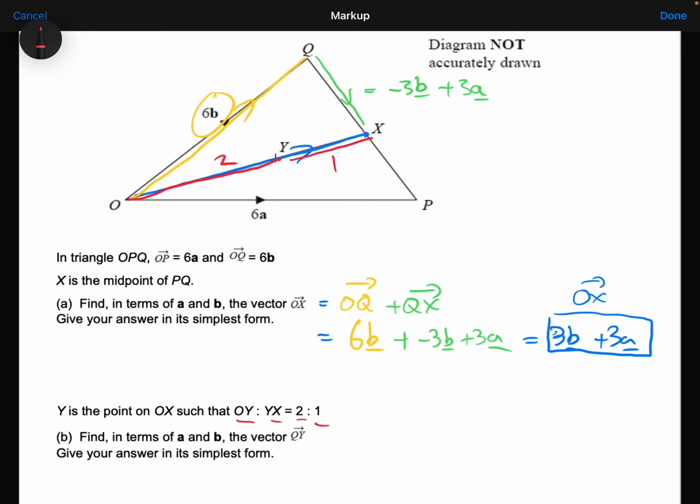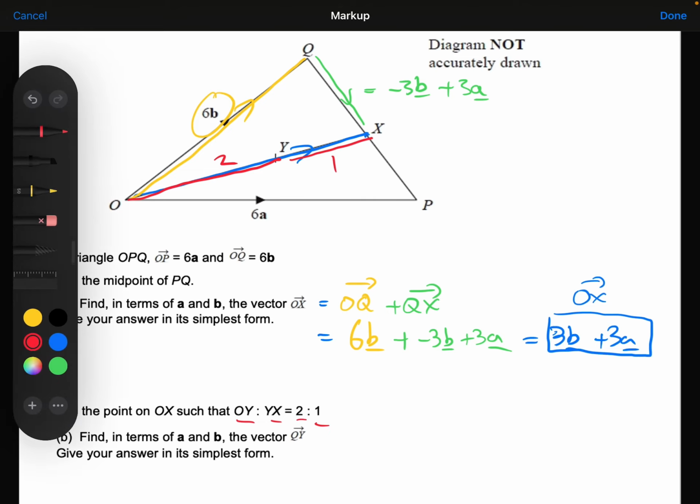We need to find, in terms of a and b, the vector QY. So, let me mark that onto my diagram. QY is this.